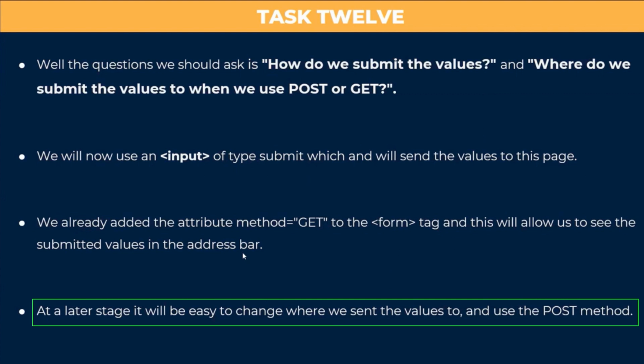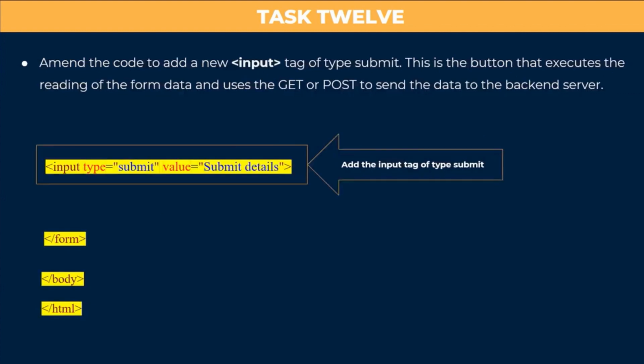At a later stage, we'll be able to change that from a get to a post, and it will send to the back end in a slightly different way. So we're going to put in an input of type submit, and we're just going to have a value. The value in this case is what's going to be on the button.